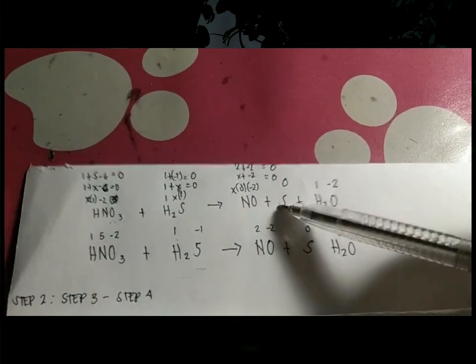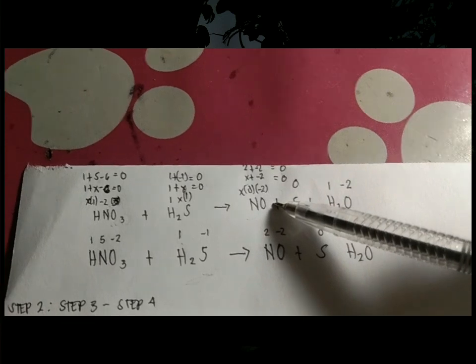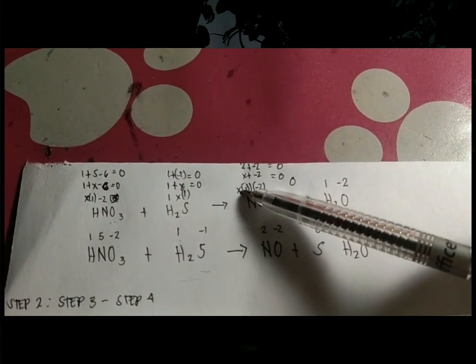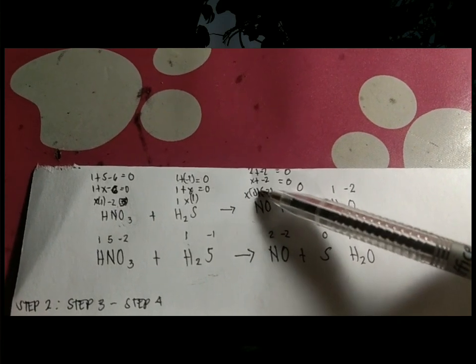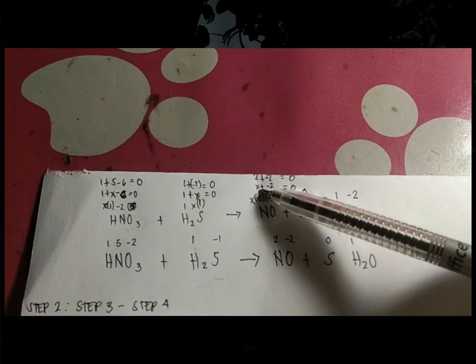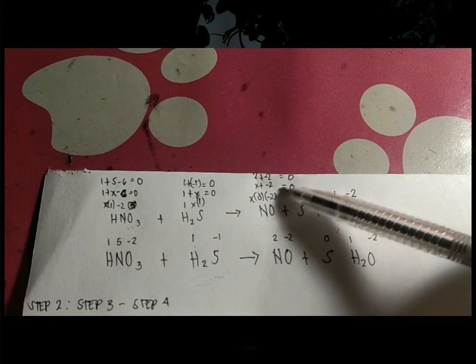So now proceed to this element. In this element we are now having negative 2 in the oxygen and x times 1 here in the nitrogen because there is no coefficient. So we are now having x plus negative 2 is equal to 0.